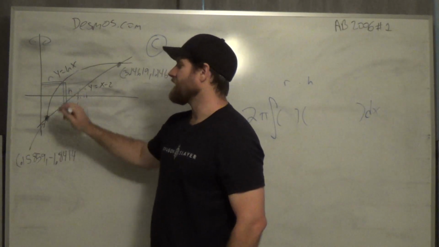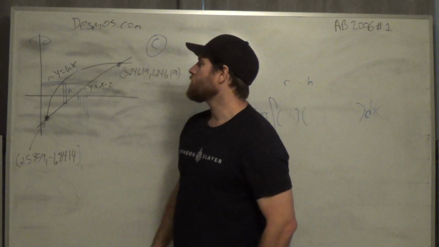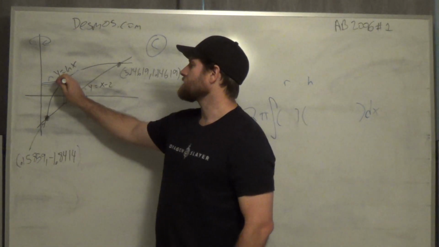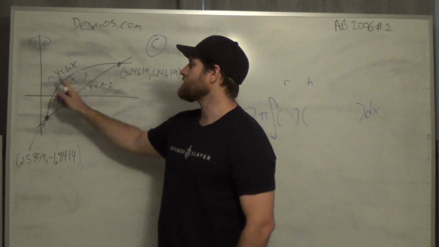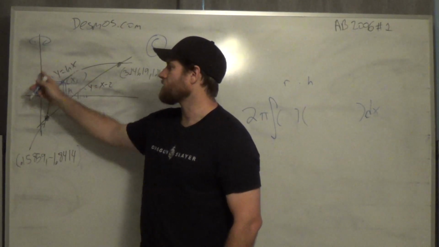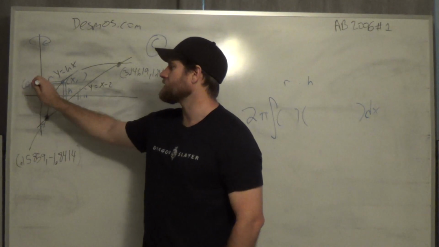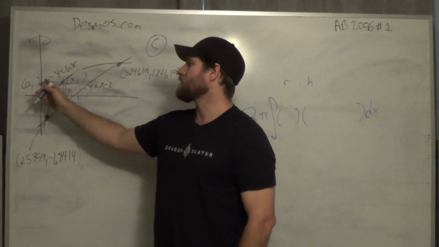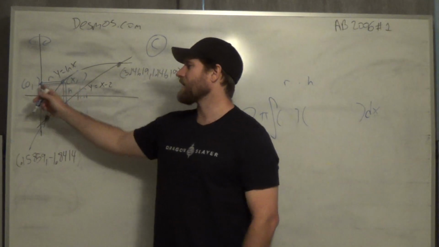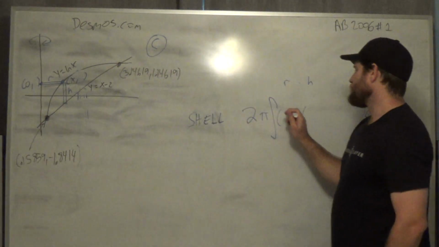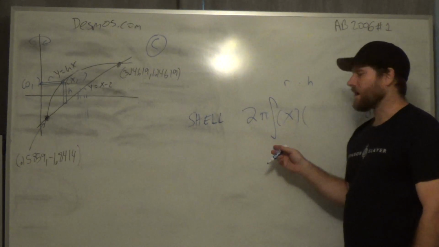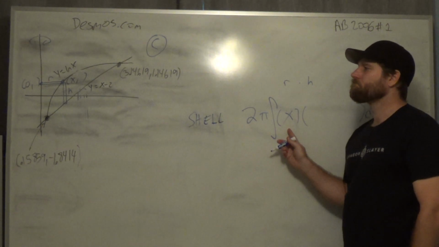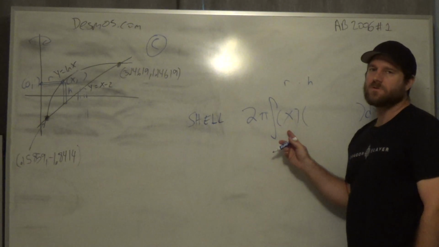Remember when you are dealing with the radius, the one on the curve is x comma something, and over here, since it's around the y-axis, it's 0 comma something. And the radius is right equation minus left equation, x minus 0, or simply x. If you're using shell, and it's around the y-axis, it will always just be x, or negative x if it's on the other side.